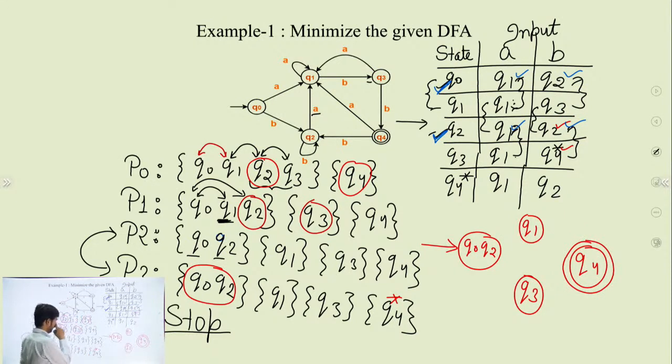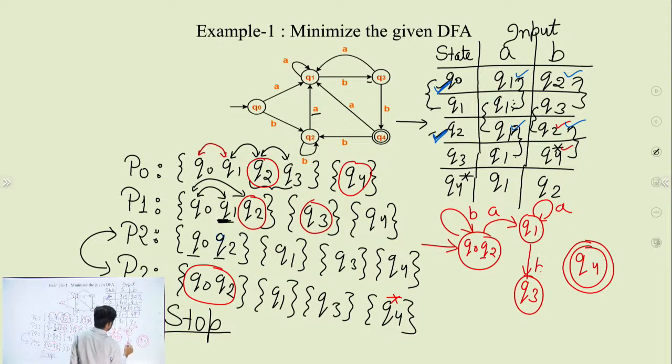Now Q node on A goes to Q1. Q node on B goes to Q2 only. Now see Q2: on A it goes to Q1, on B it goes to Q2 only. Now see the Q1 state. Q1 on A goes to Q1, and Q1 on B goes to Q3.